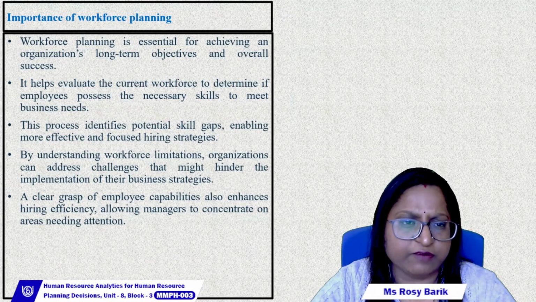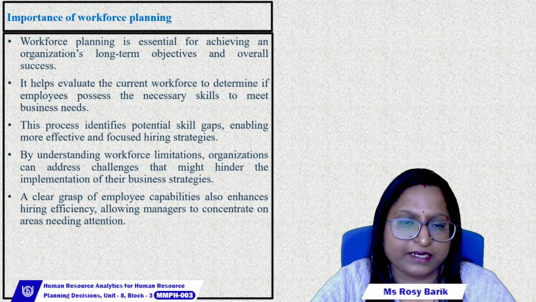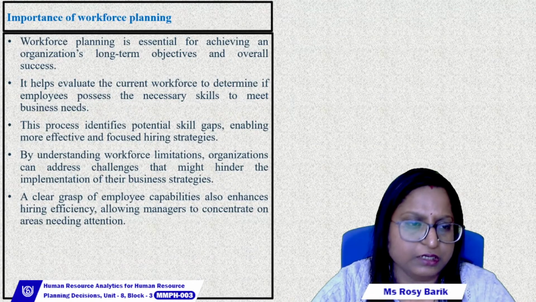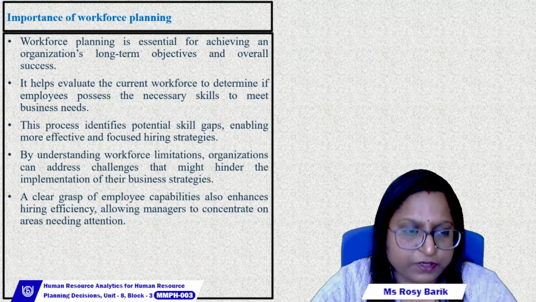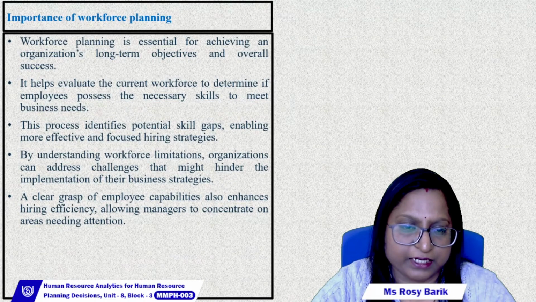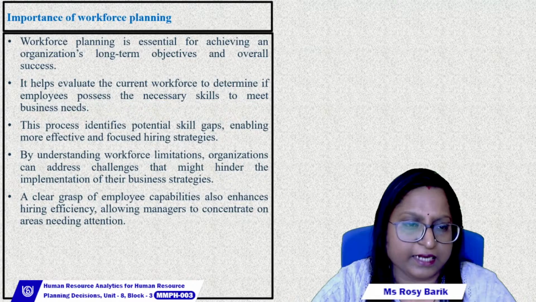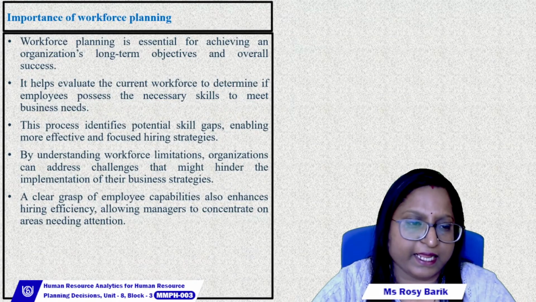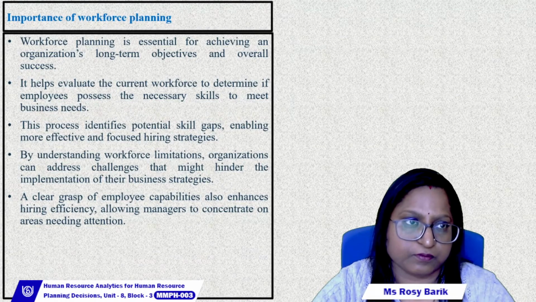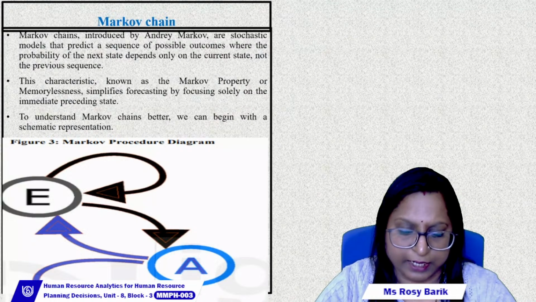By understanding workforce limitations, organizations can address challenges that might hinder the implementation of their business strategies. A clear grasp of employee capabilities also enhances hiring efficiency. It allows managers to concentrate on areas needing attention. So, this is all about the importance of workforce planning.